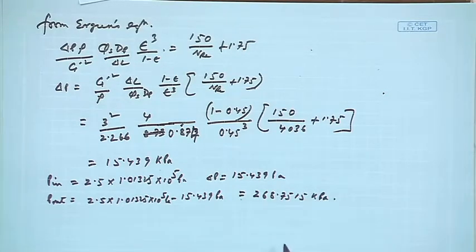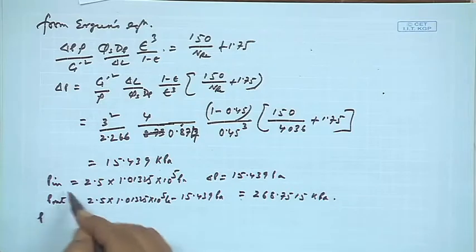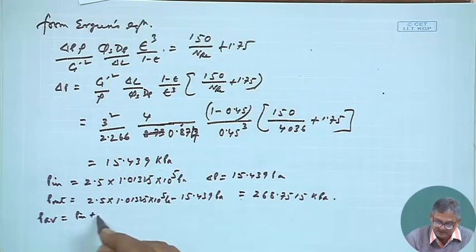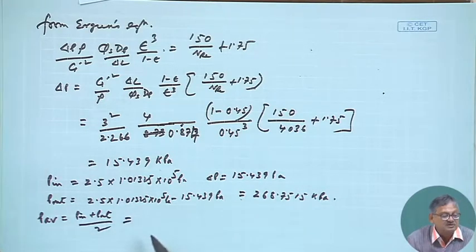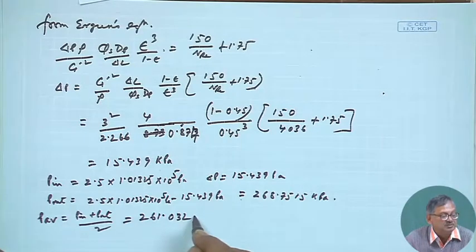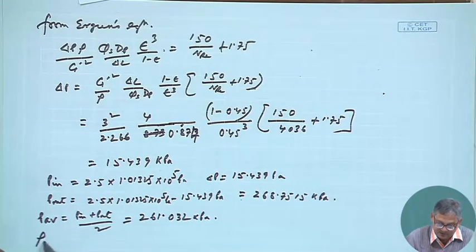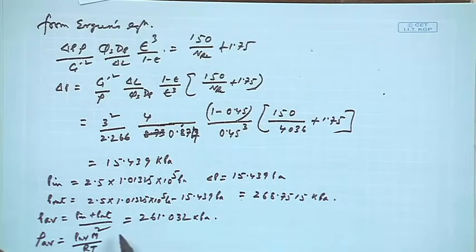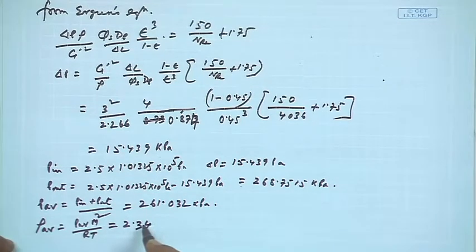Now with P inlet, P average is P inlet plus P outlet over 2, which comes to 261.032 kilopascal. Therefore rho average, P average M by RT, comes to 2.334 kg per meter cube.